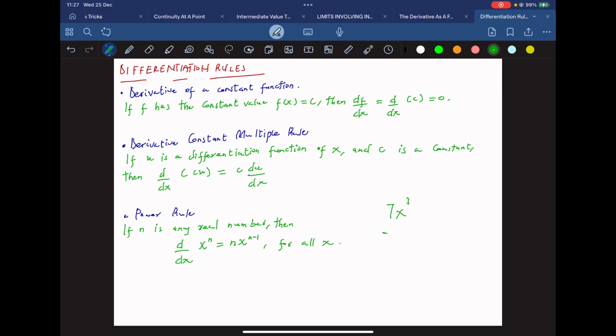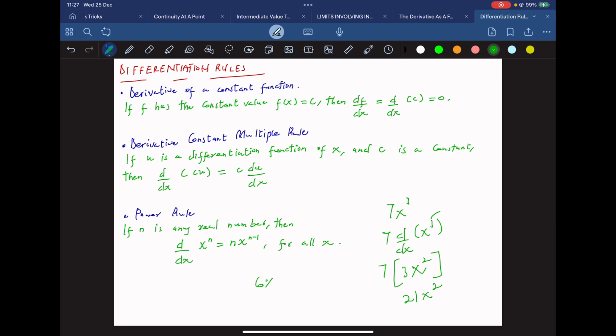So we can have 7, then remember, using the constant multiple rule, we have x cubed. So this is just 7, right? Now for x cubed, this 3 is your n. So that one comes down. Then we have x. Then we subtract 1 from the exponent. So in this case, we have 2 right here. So this simplifies to 21x squared. So this is how it works.